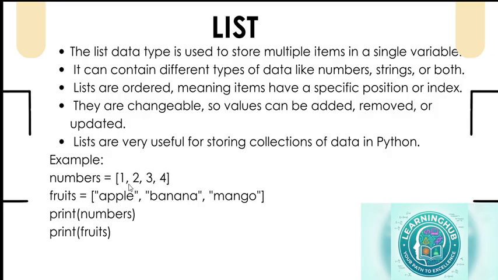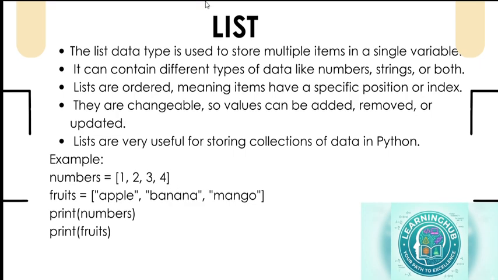You see that 1 to 3 we write in square brackets. Fruit names, apple, banana, mango, are strings in double quotes, but they are stored in a list, so they become the list data type, not a single string value. Print numbers, print fruits. We use lists when we want to store collections like student names, marks and items.